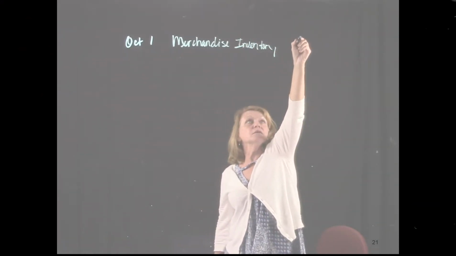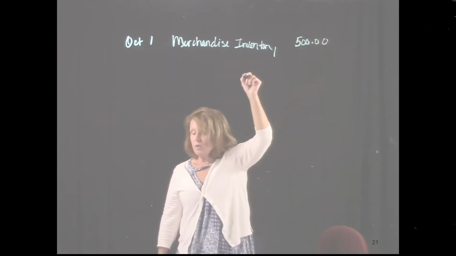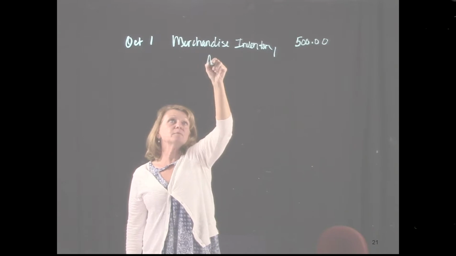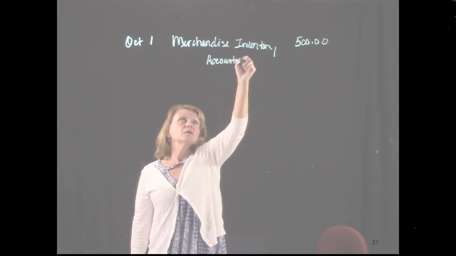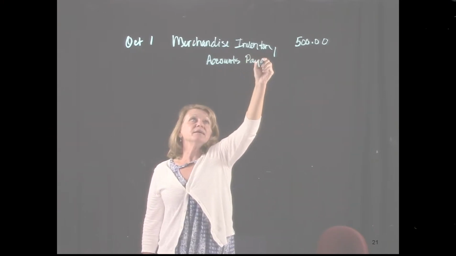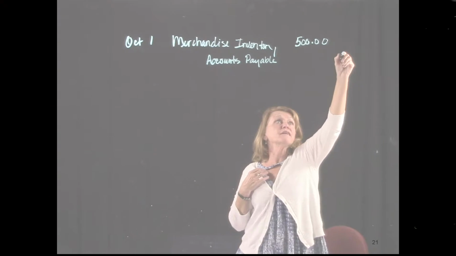Debit of $500. And we're going to credit accounts payable. That is a liability account. And we're going to credit it for $500.